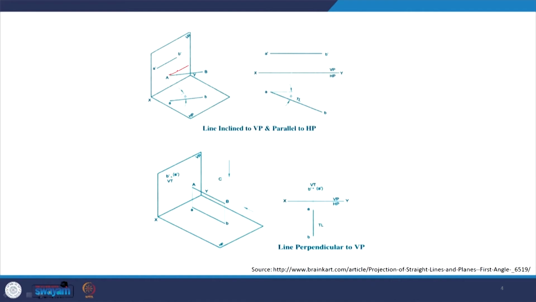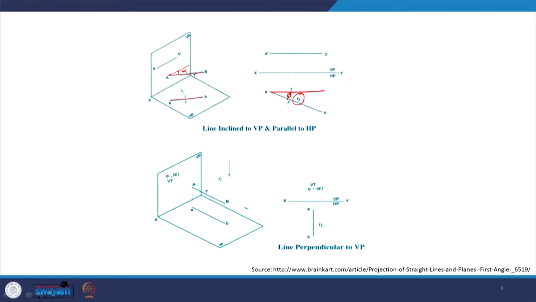So it is making a certain angle, say alpha, with VP and it is parallel to HP. Now, if it is parallel to HP, we are going to be seeing the true length of the line in horizontal plane and we will see exactly the same angle, the same angle which it makes with VP being represented here.